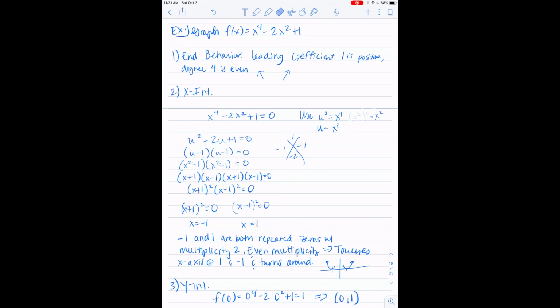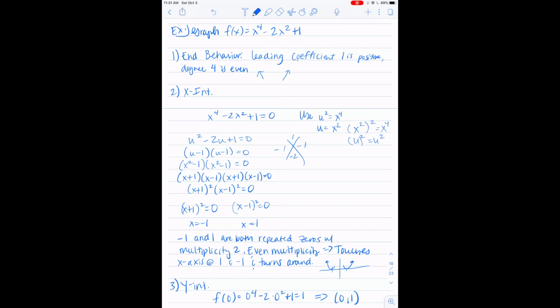And then my u is going to be x squared. So if my u is x squared, and then I square it, that's like squaring my u. So that's why u squared is equal to x to the 4th.